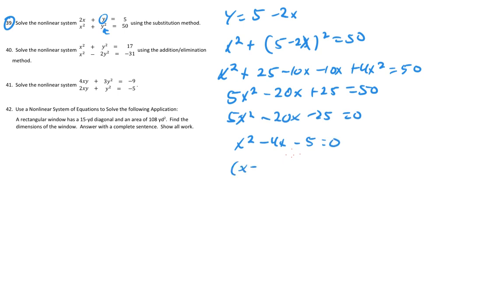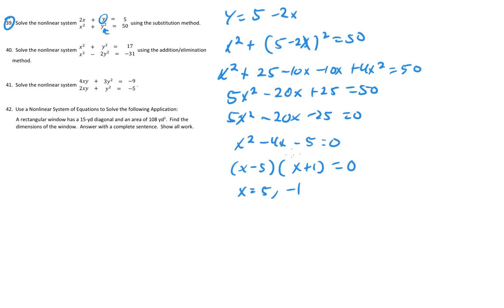Then we should be able to factor that into (x minus 5)(x plus 1) equal to 0. So that means our x values are going to be positive 5 and negative 1.